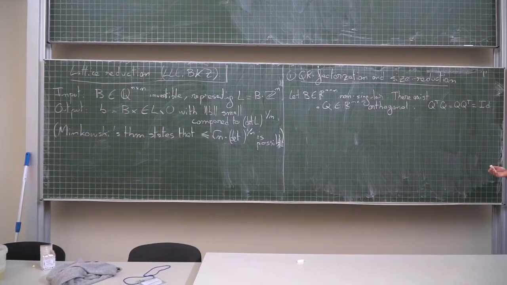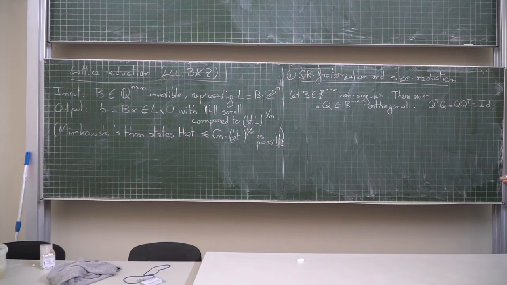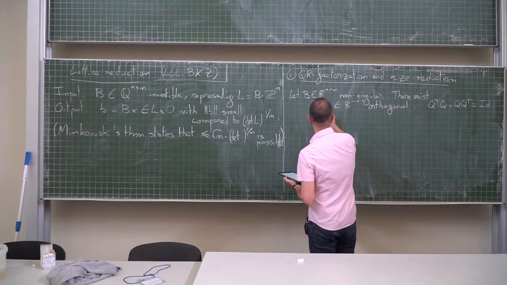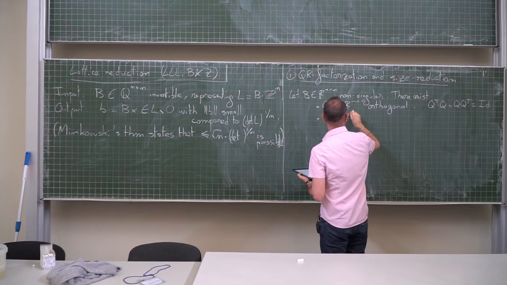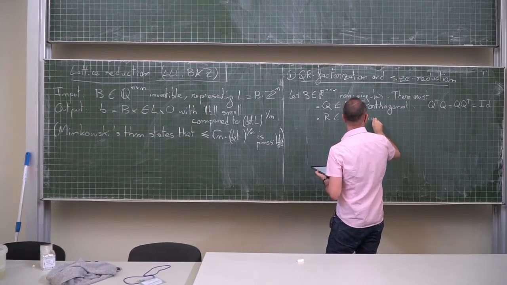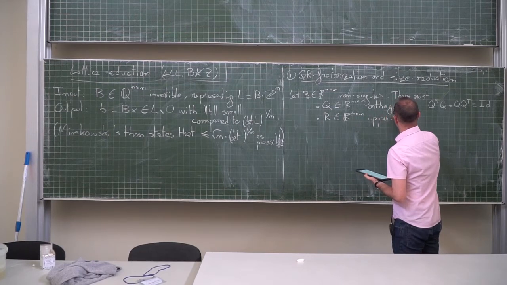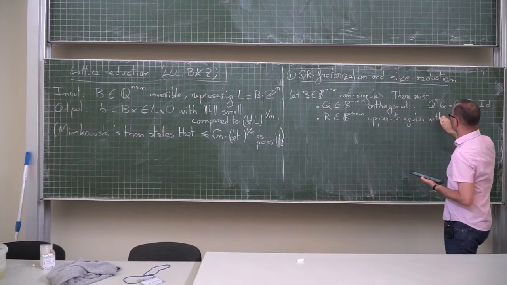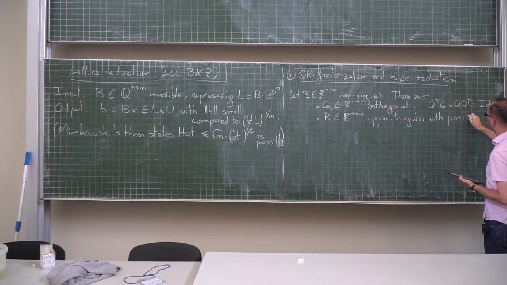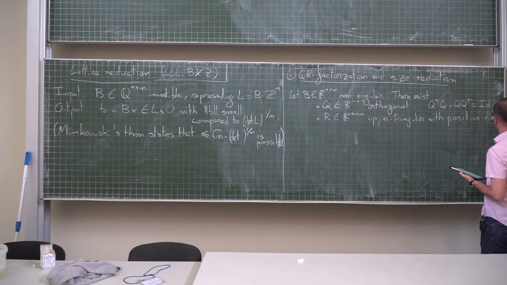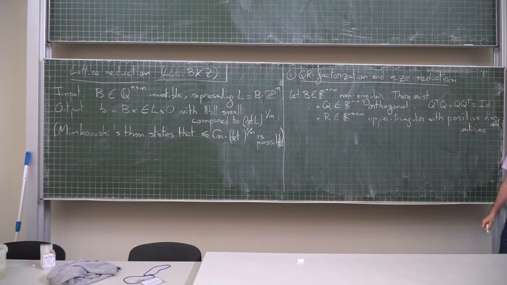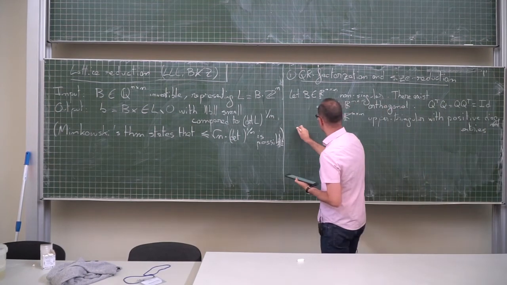So in dimension 2, you just turn your head and you have an orthogonal Q. And R upper triangular with positive diagonal entries, such that B is equal to QR.